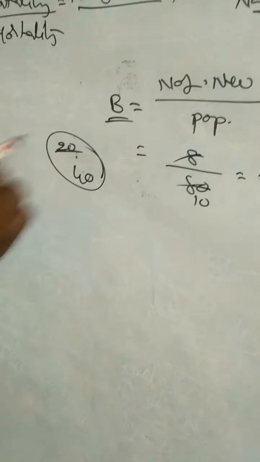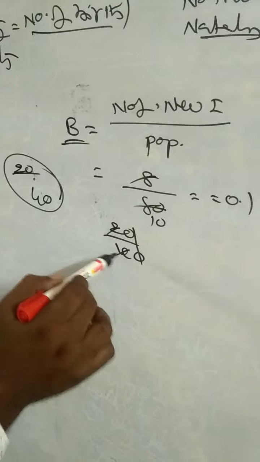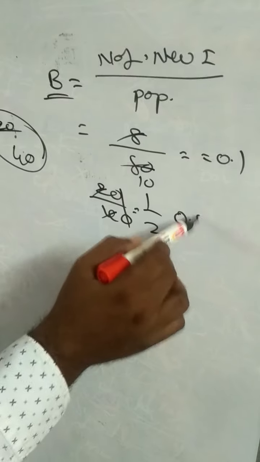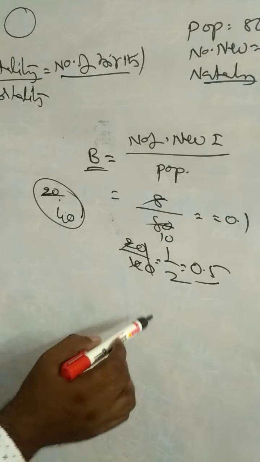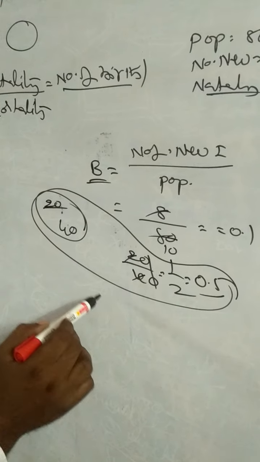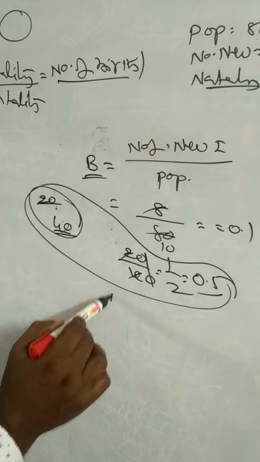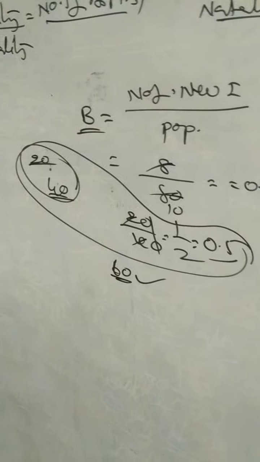Calculate the birth rate. 20 by 40, 1 by 2, that is equal to 0.5. What about the present population? Total population is equal to 40 plus 20, and that is equal to 60, the total population at present time. That is about birth rate.